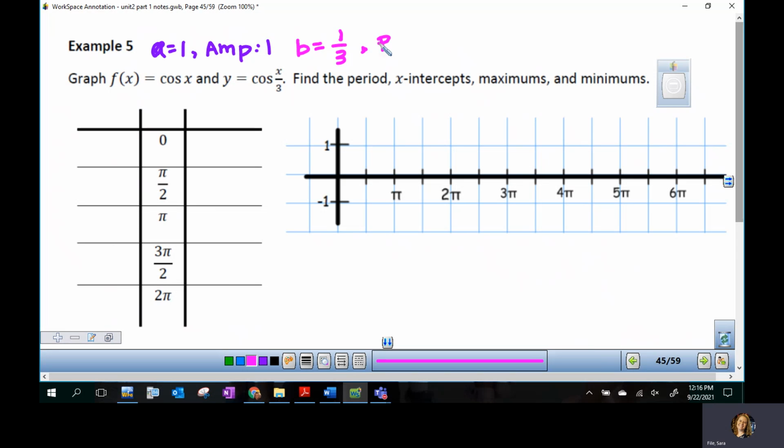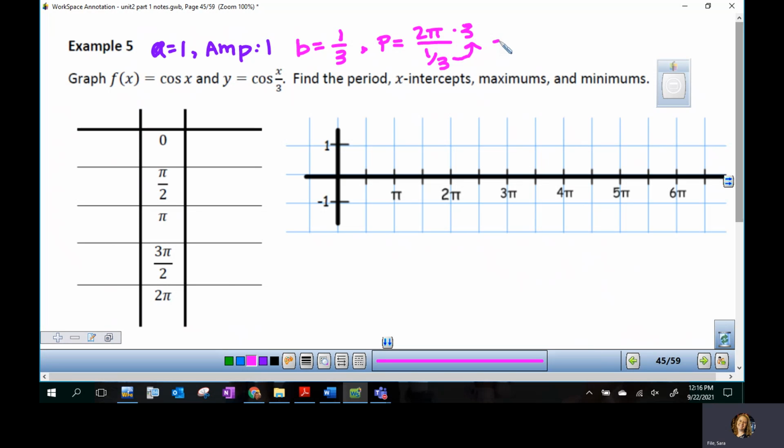Okay, so the period then is 2 pi divided by b, or the absolute value of b, so 1/3. So we've got a fraction and a fraction again. What do we do? Multiply by the reciprocal of the denominator, right? So if I flip 1/3, what does it become?